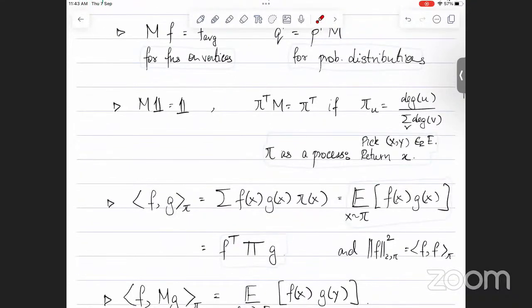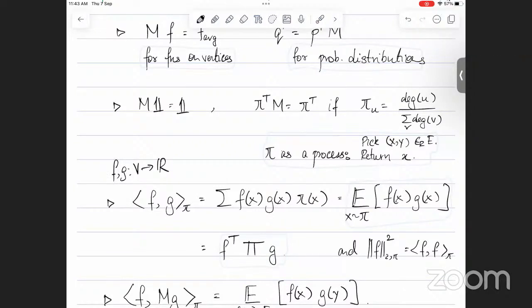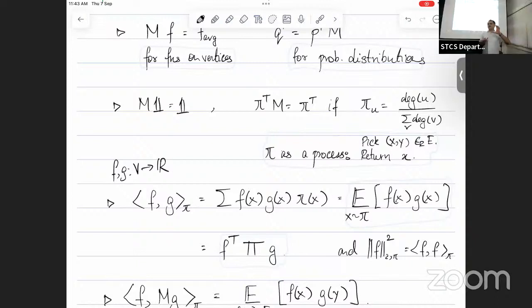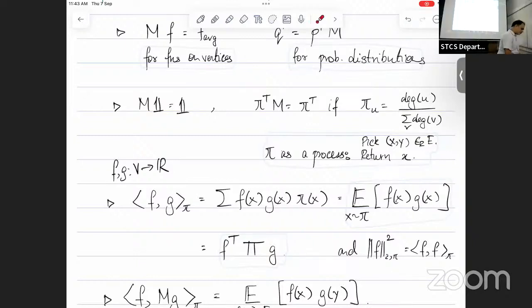So f and g are now being looked at as functions from the set of vertices to R, and I might interpret this as a column vector, where the Vth coordinate is the function value at V. So that's what the inner product refers to.